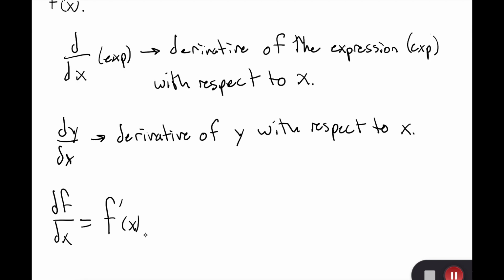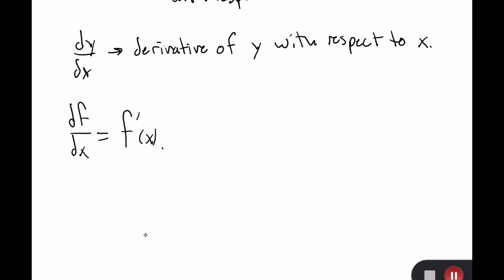And the reason I brought up this notation is because, so we know from up there what we call the constant rule. We'll actually give this a name. Constant rule.